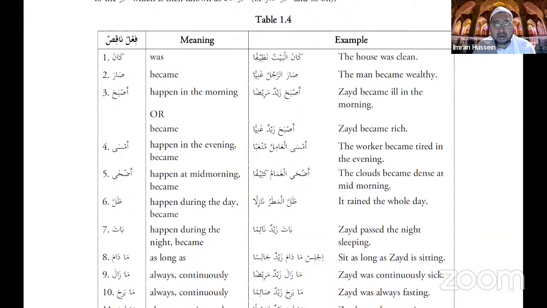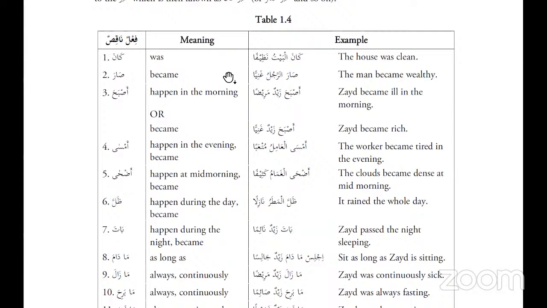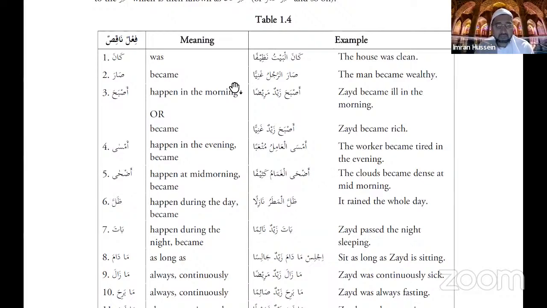The khabar cannot come with alif lam, because if it does, then it will not be a khabar, but it will be an adjective for the subject, for the mubtada itself. So anything after was will be the khabar, like everything after is the khabar. Yes. Okay. Is that clear?